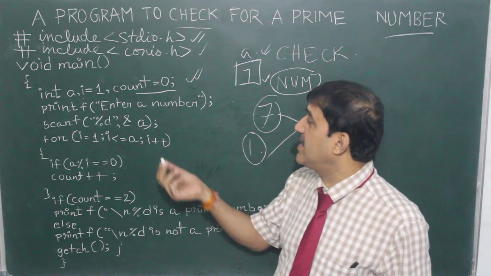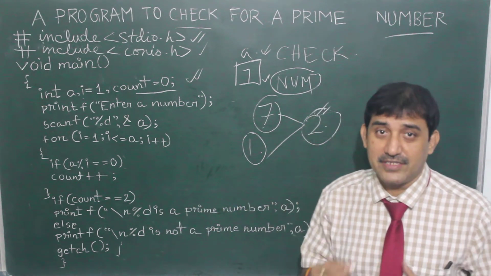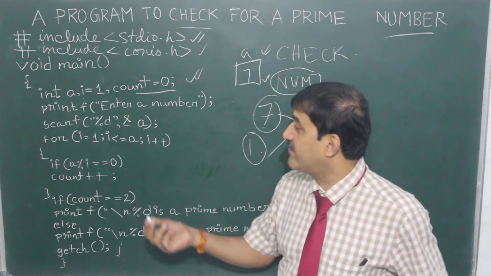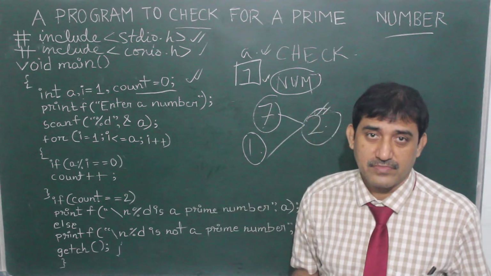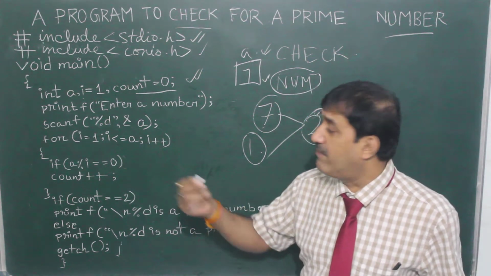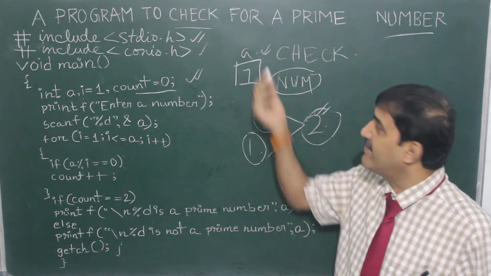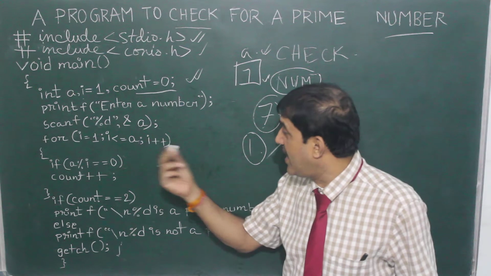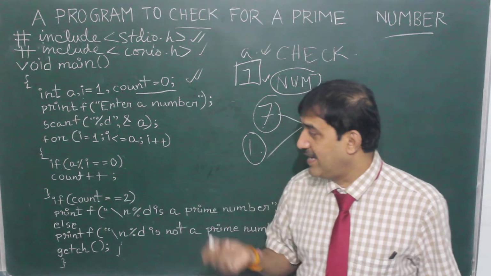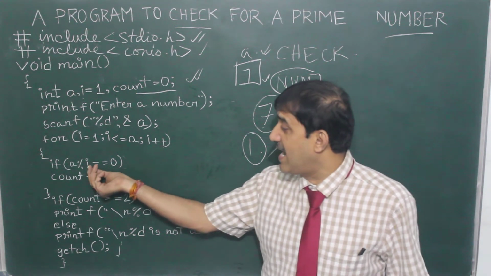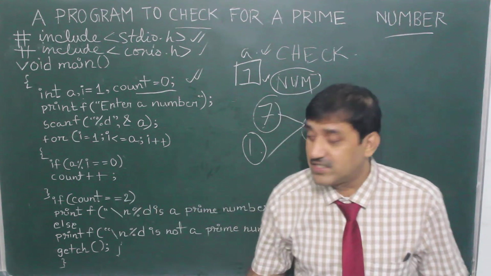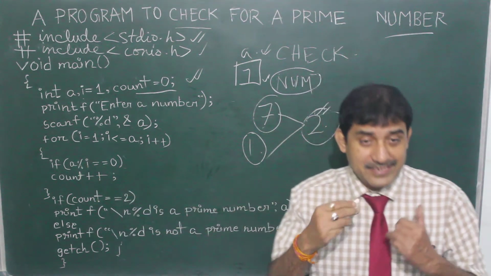Now whenever there is a variable, if you want to find the factors, whether it is divisible or not, we have to take a look. From number 1 to the end of the particular number, that is A, that is 7, we are dividing by I. A by I means we are dividing and getting the remainder. That's why the mod function, which gives the remainder.